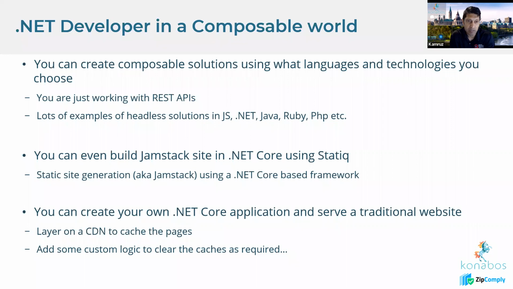It doesn't really matter. If you wanted to take a Jamstack approach, where you're statically pre-generating the sites, there is a Jamstack framework called Statiq. It's a static site generator which is .NET Core based. And for a lot of us Sitecore developers, at least the concepts will be quite familiar. They have a concept of pipelines and modules, which is the equivalent of having a pipeline and a processor, right?